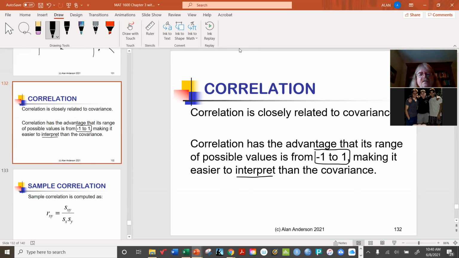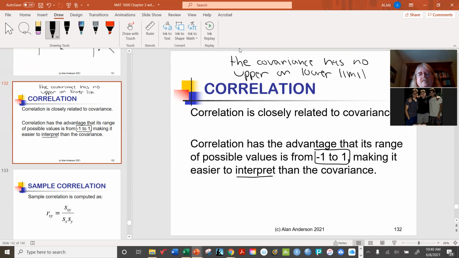The covariance has no upper or lower limits. But the correlation does. Okay, so in other words, that's a huge advantage. Now, in fact, so much so, let me show you some graphs so you can see what this is all about.